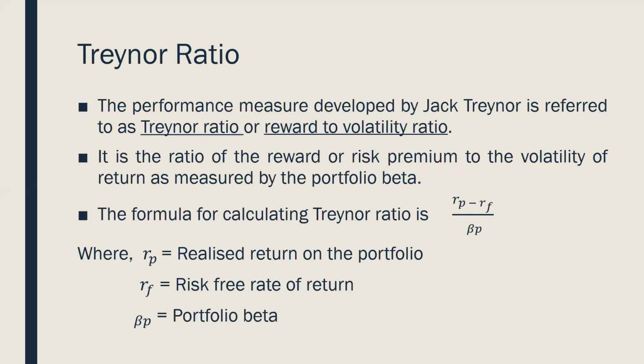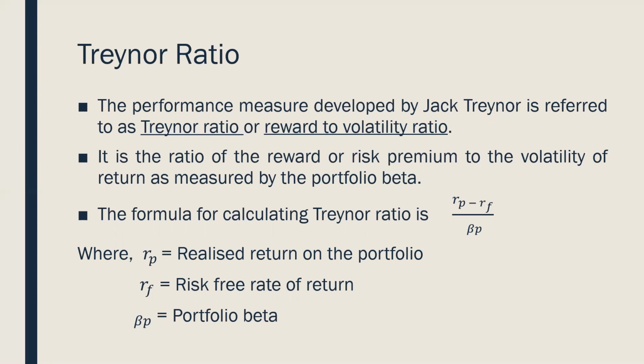Now, if your portfolio is a well-diversified one, then we can say that we have brought down the unsystematic risk to a 0 level. So the only risk that remains in your portfolio is the systematic risk. And therefore, you will use beta value to measure that risk. So if it is a well-diversified portfolio, then Treynor's ratio is the best one for that.